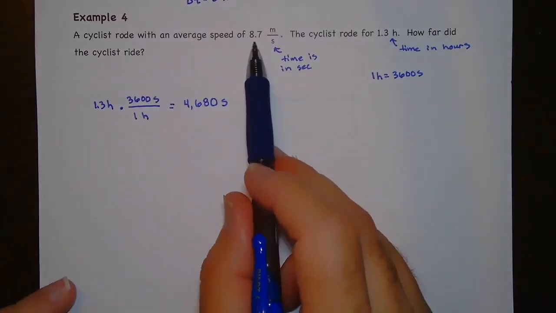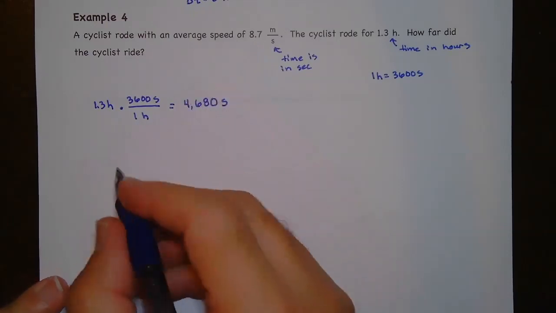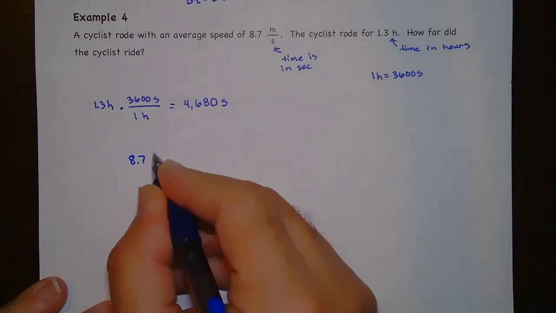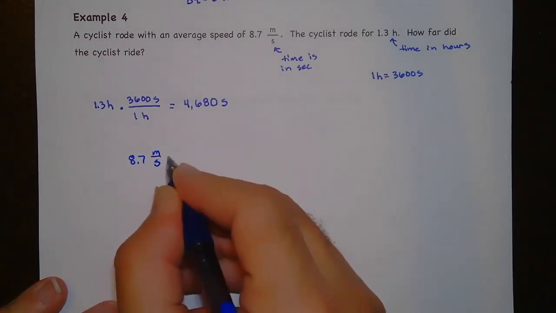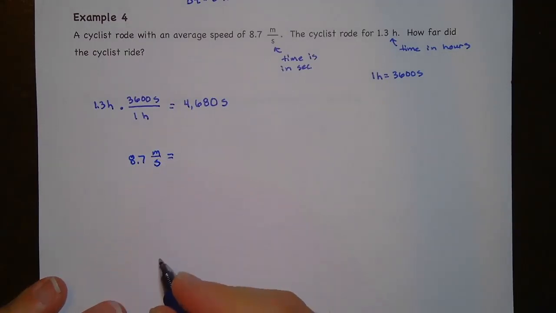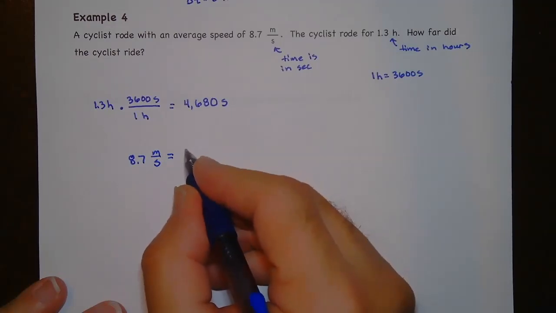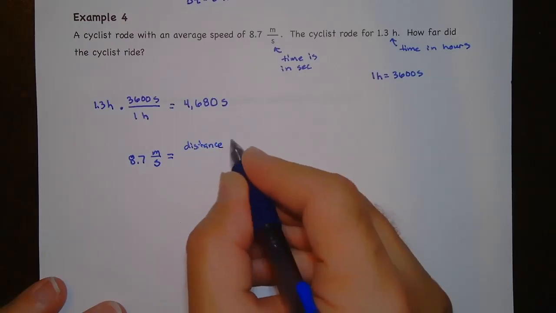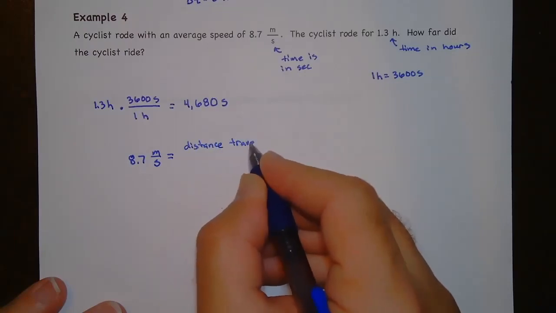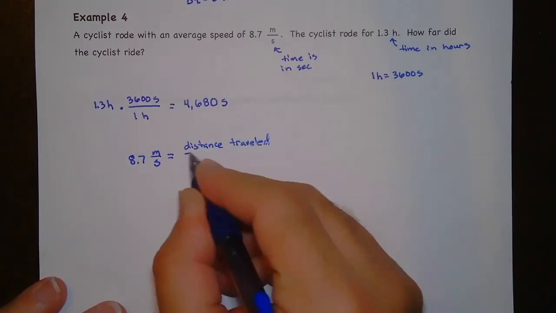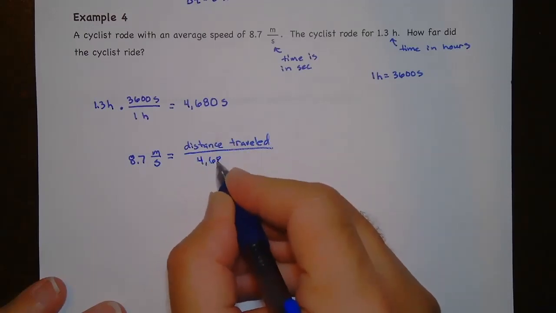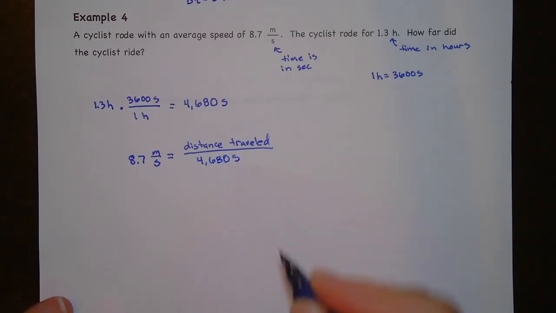Now, we're going to take the 8.7. So we know our average speed is 8.7 meters per second. And we know that's going to equal the distance traveled, which is we're just going to write distance traveled. I don't have a name for it. Over the change in time, which is 4,680 seconds.